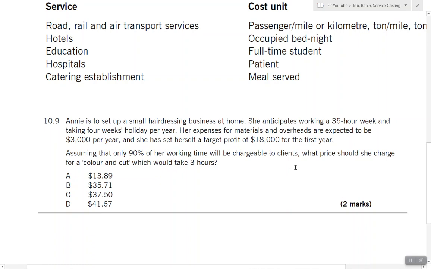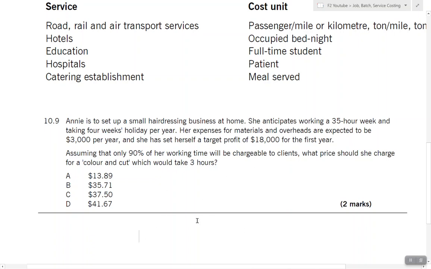She anticipates working 35 hours a week and taking 4 weeks holiday per year. Her expenses for materials and overheads are expected to be $3,000 per year, and she has set herself a target profit of $18,000 for the year. Assuming that only 90% of working time will be chargeable to clients, what price should she charge for a color and cut, which takes 3 hours?